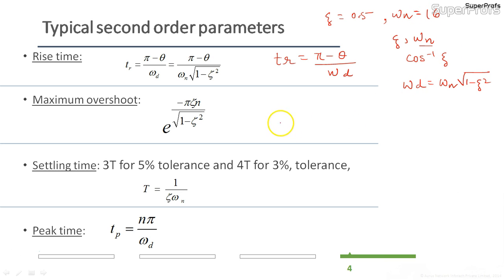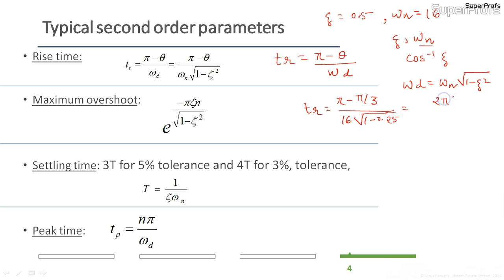What would be my rise time in such a case? TR would be pi minus cos inverse of 0.5, which is nothing but pi minus pi by 3, upon omega d, which is nothing but 16 into root of 1 minus 0.25.